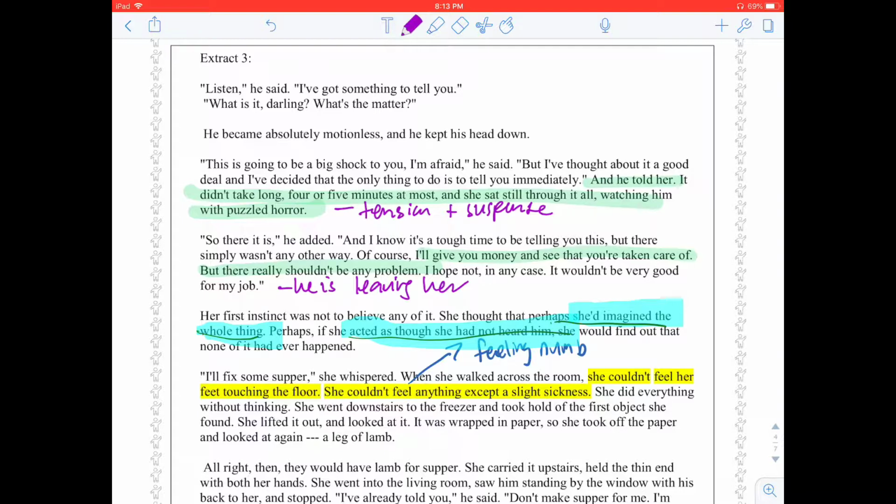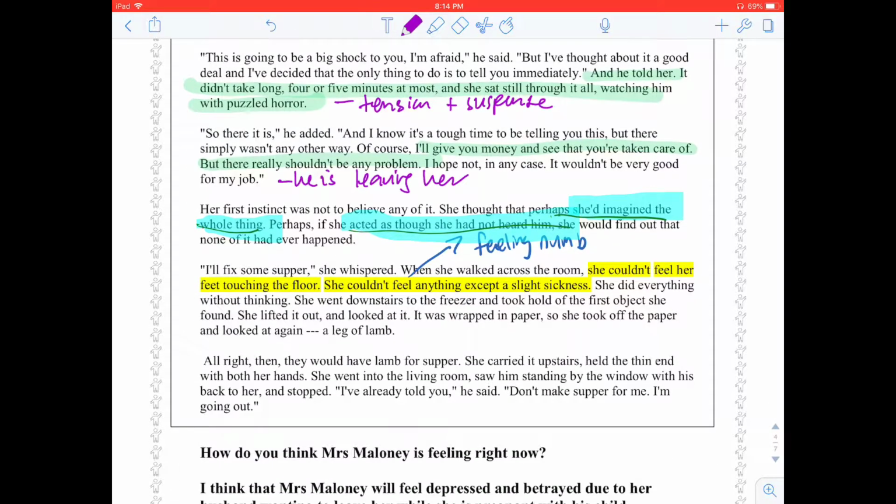Her first instinct was to not believe any of it. She thought that perhaps she imagined the whole thing. She acted as though she had not heard him. In this part over here, she cannot believe it. She can't believe it at all that her husband was leaving her.